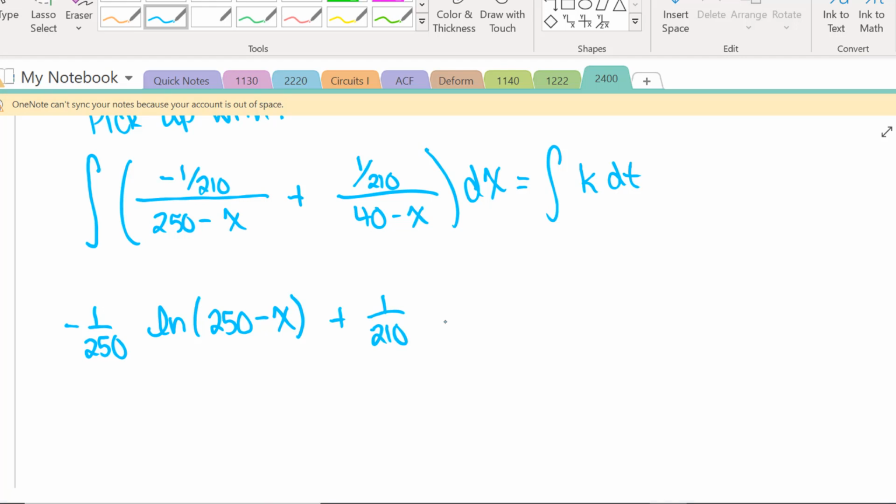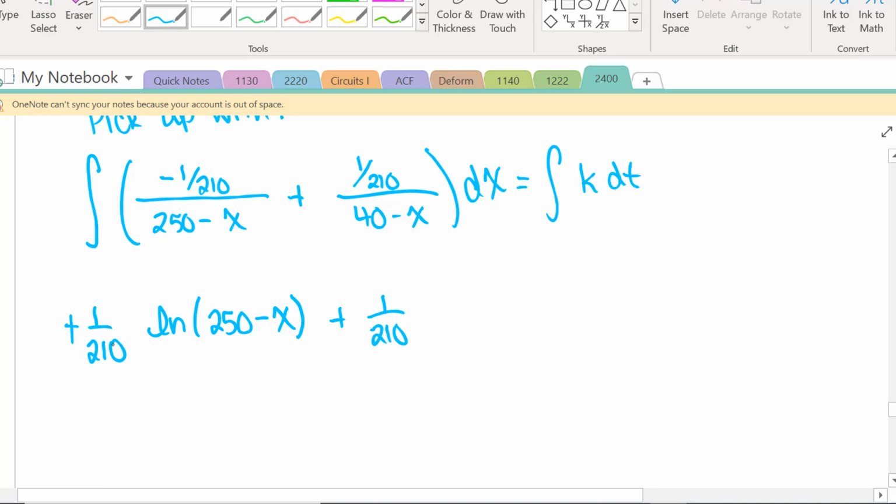If I take the derivative of just natural log of 250 minus x, I do get 1 over 250 minus x, but then by the chain rule, I also have to multiply by the derivative of what's inside, which is a negative 1. So, oops, I need to multiply that by a negative. Man, that should be 210.